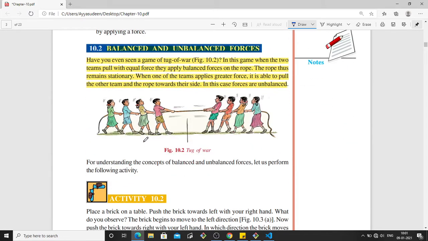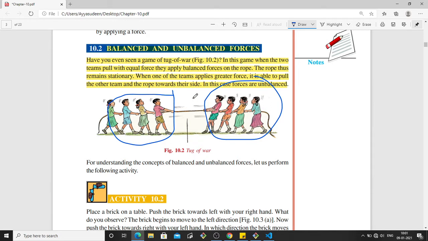Next one is balanced and unbalanced force. Have you seen a game of tug of war like this? Two groups of people, one on each side, have a rope and they pull. Each team pulls with equal force. If there is equal force between the two teams, they do not move.